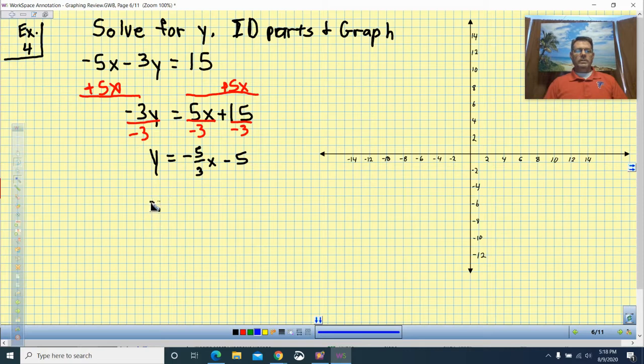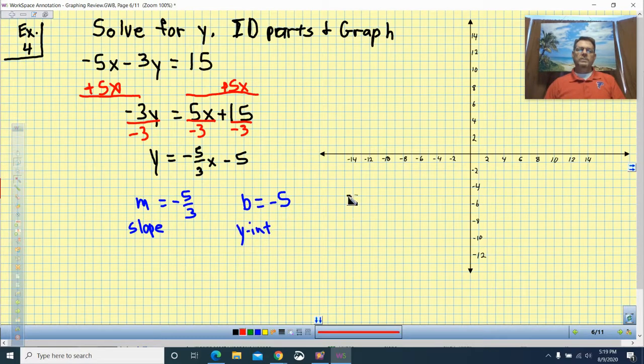So here we go. We're going to say that m, also known as slope, is -5/3. I'm going to write slope, just so we're very clear. And then b is equal to 5 or -5? Well, the negative goes with this, doesn't it? So it's going to be -5, and that would be our y-intercept.